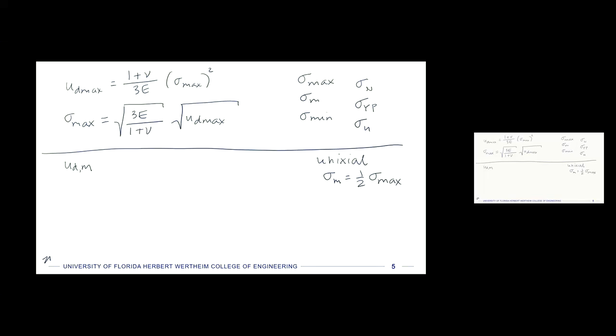If we're going from 0, so if it's not fully reversed, we're going to go from 0 up to sigma max and back. So our mean stress is positive and it's half that value. So we can write a similar expression for this one, where instead of having the subscript 1 max, 2 max, 3 max for all the sigmas, we're just going to have the mean stress there. And we will come up with something very similar.